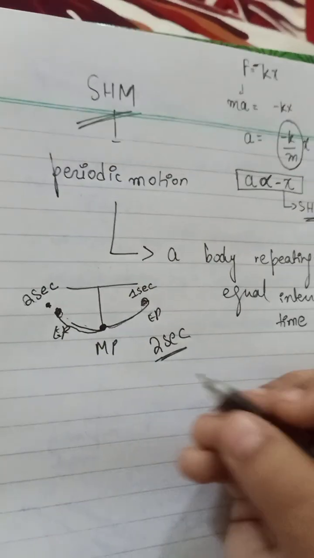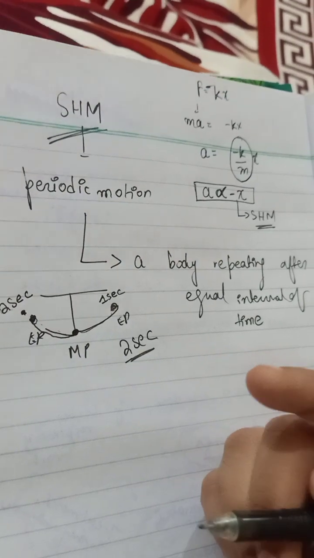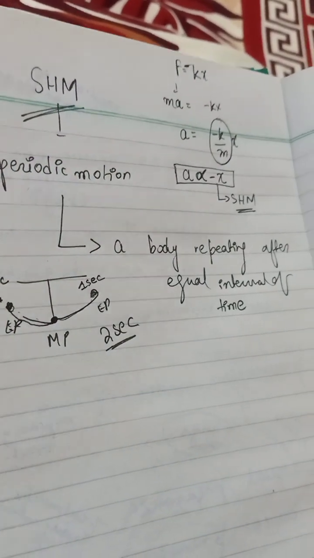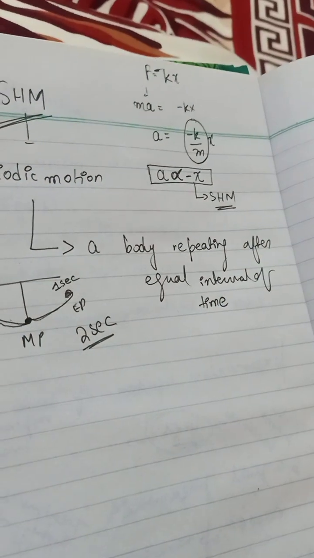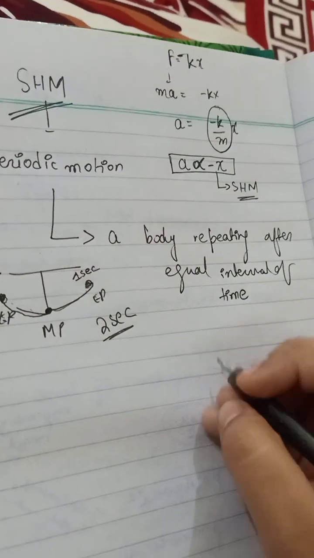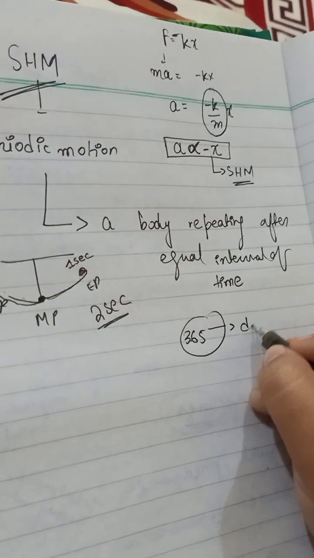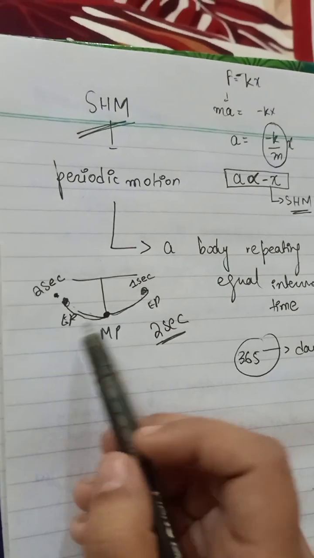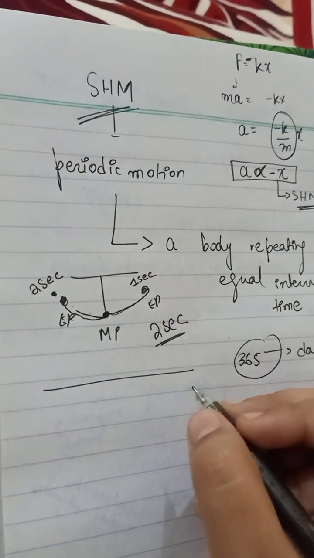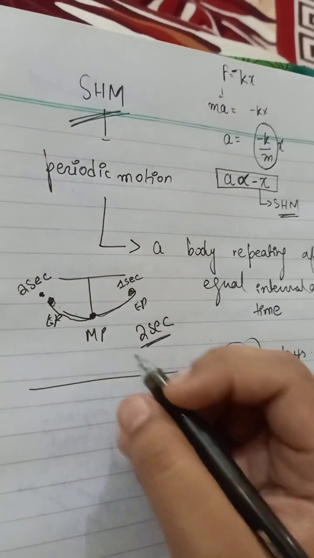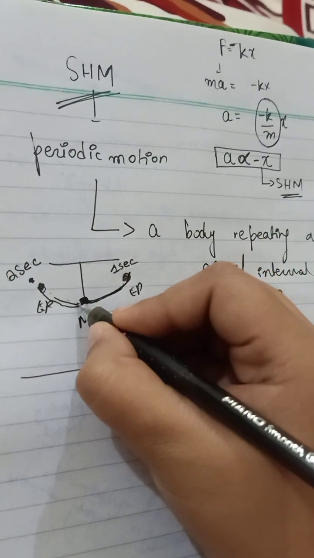Understood? You can also take the example of the earth. The earth rotates around the sun in 365 days. This is an equal interval of time that cannot be changed. So these are examples of periodic motion. Periodic motion has a restoring force, which means that after the body moves to the extreme position, it comes back to the mean position.